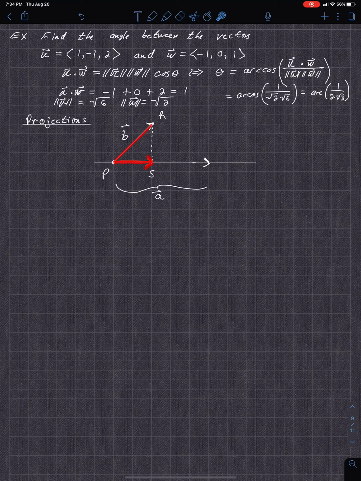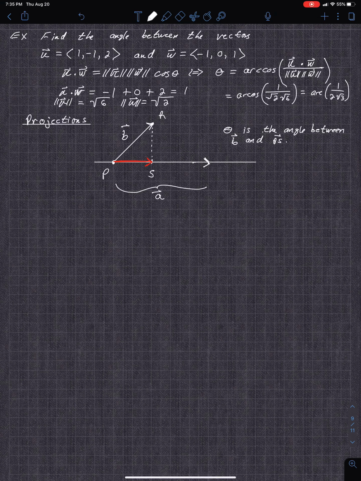Okay, so we have those two vectors, and we have an angle between those two vectors that we're going to define. So theta is the angle between them. So we'll say we're going to let theta be the angle between B and PS.